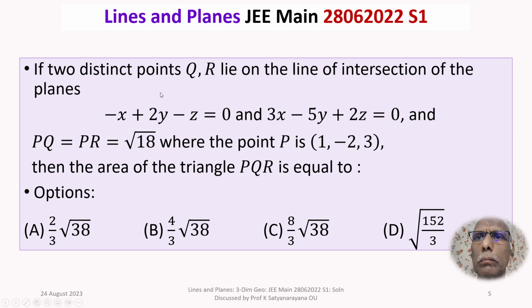We are given two distinct points Q and R that lie on the line of intersection of these two planes, and P is a point with coordinates 1, minus 2, 3, and further PQ is equal to PR is equal to the square root of 18. We are required to find the area of the triangle so formed, that is PQR.